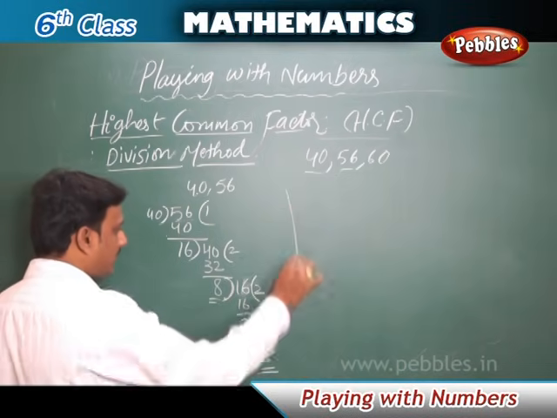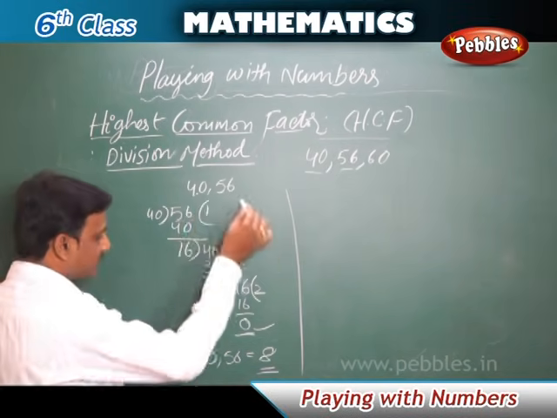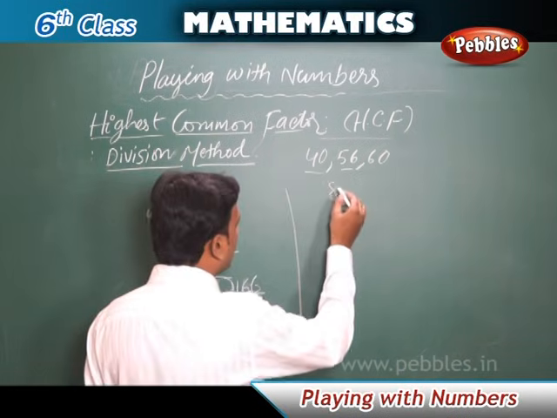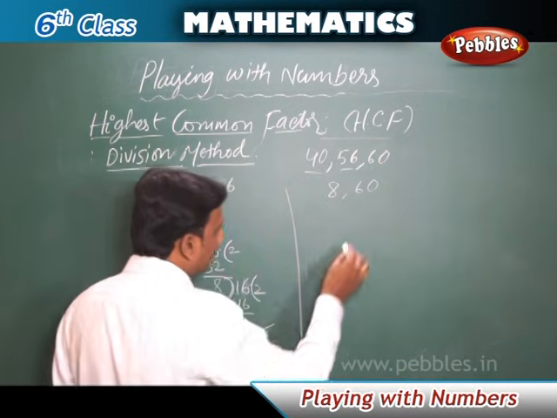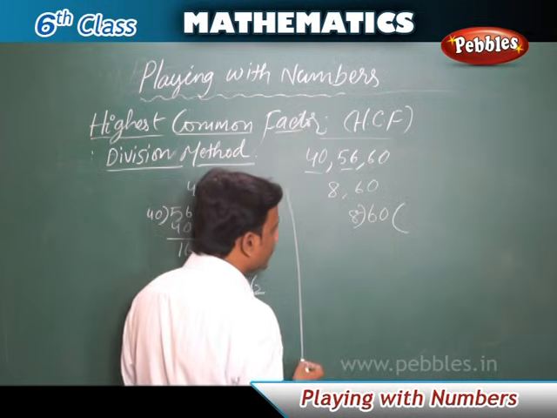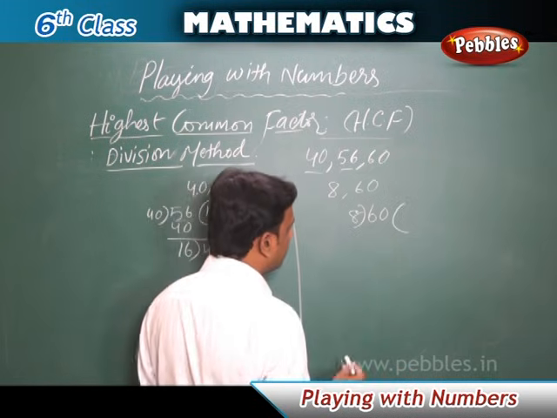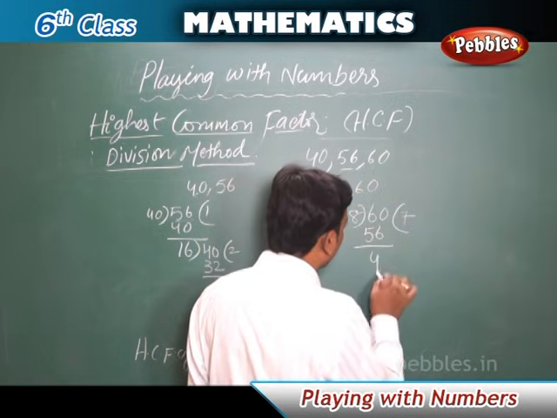So what is the next step? Here we found the HCF of 40 and 56. Now take this value 8 and find the HCF of 8 and 60. In the division method, the bigger number should be divided by the smaller one. Here 8 7's are 56, so you got 4.